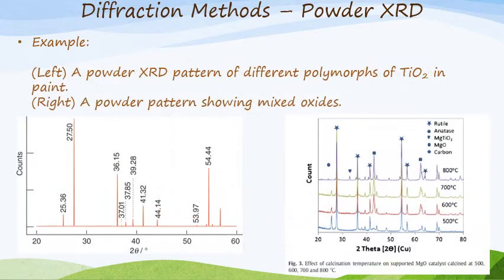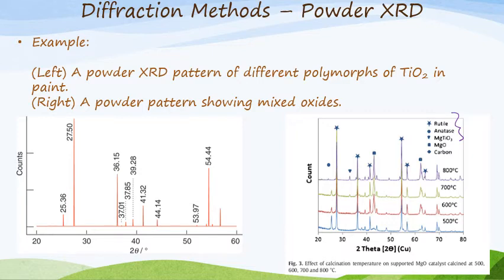On the left, as I've shown you on the previous slide, we have the powder diffraction pattern of different polymorphs of titanium dioxide, and on the right we have a powder pattern showing some mixed oxides. So we have rutile and anatase, which are different polymorphs of titanium dioxide. If you look on the right-hand side, we then have magnesium titanate, magnesium oxide, and carbon. And of course the key will show you which peaks belong to which material.